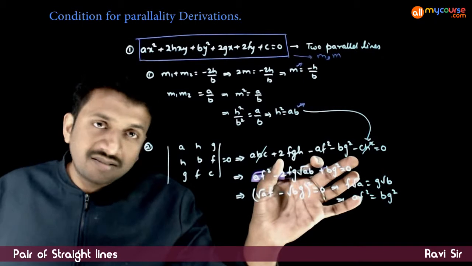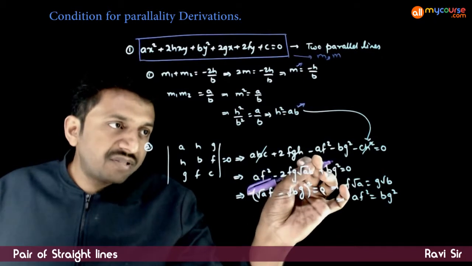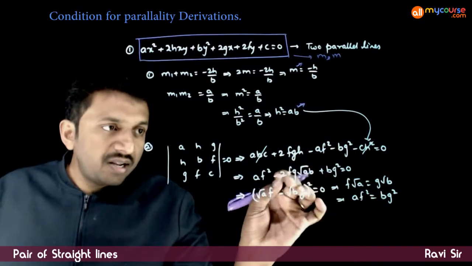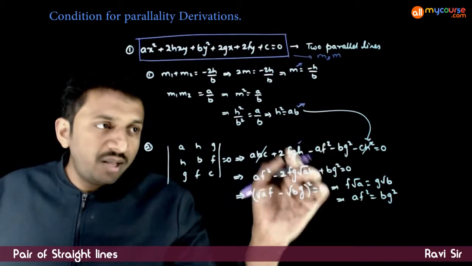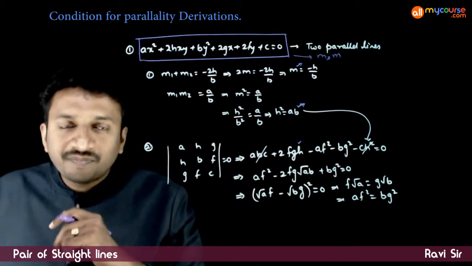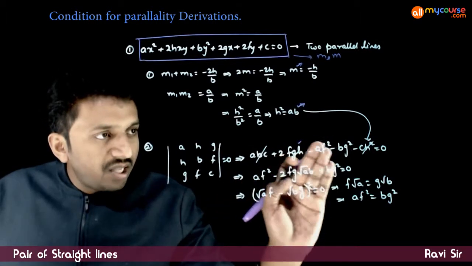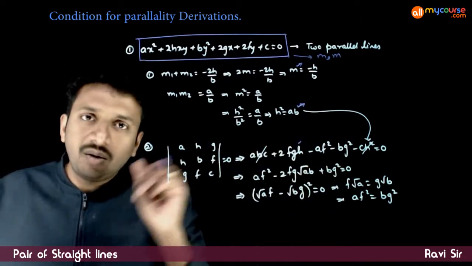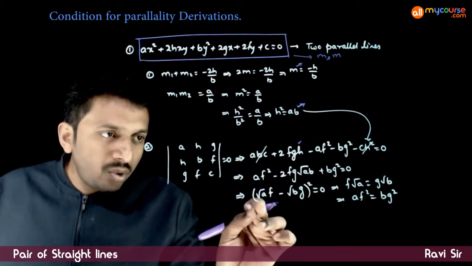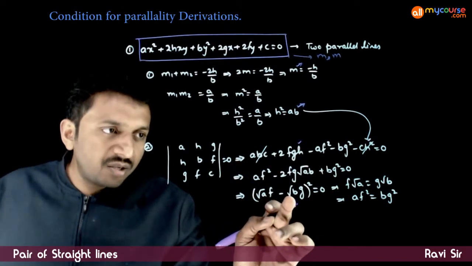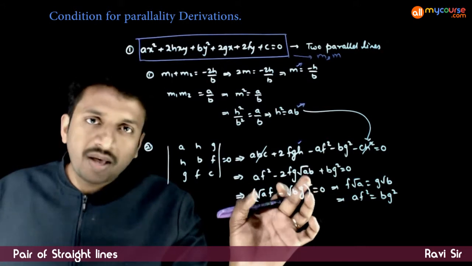Next, this becomes af square plus bg square minus 2fg h, which is root ab, is equal to 0. If you multiply the whole equation with a minus, this is equal to 0. If you observe, this is nothing but root a times f minus root b times g, whole square, is equal to 0.